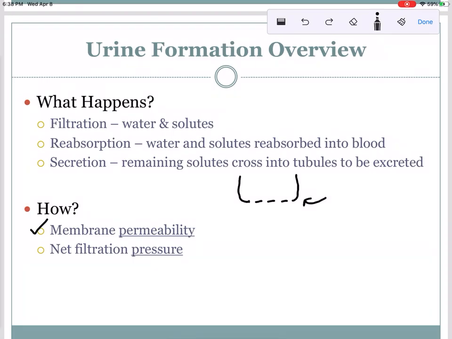Indeed, our filtration slits are semi-permeable, so we can check that off the list. And in order to filter, we also have to have some kind of pressure to help drive the small molecules through the filtration slits. And indeed, we do have some pressures, which we're going to talk about next.